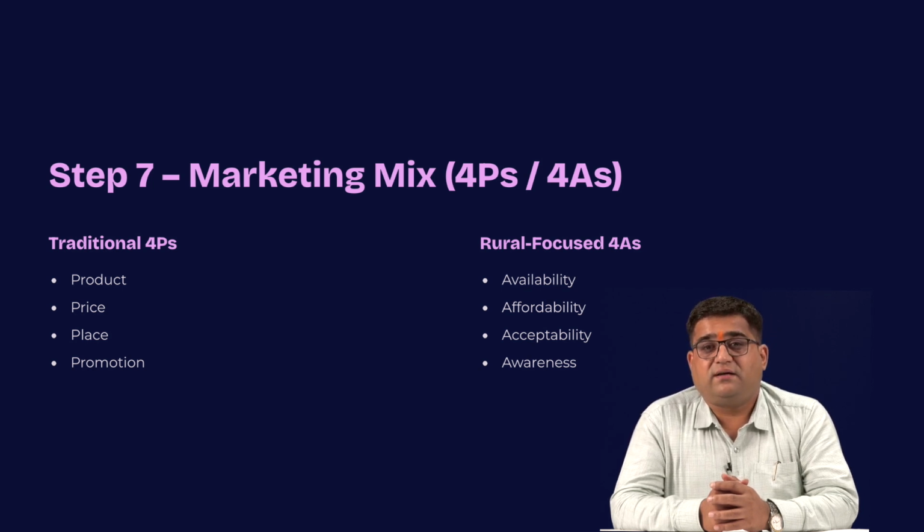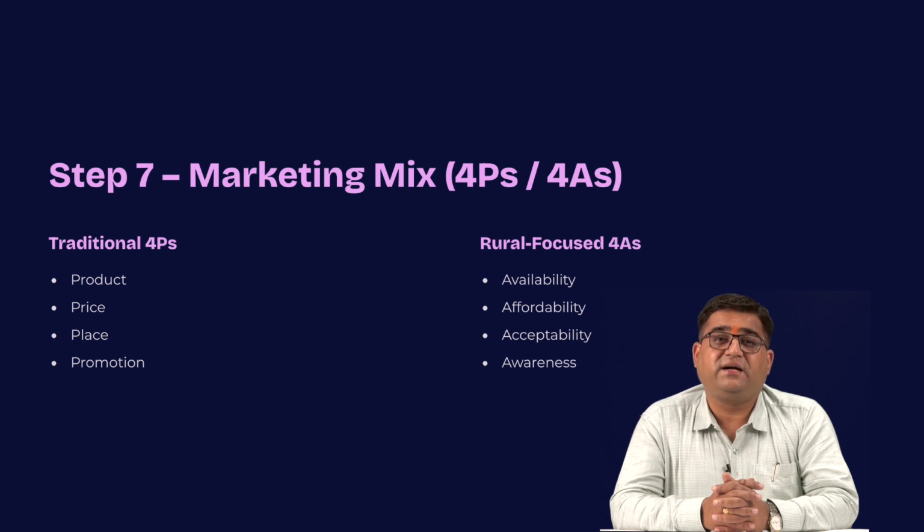This framework emphasizes that product must not only exist but be readily available in the remote areas, priced to be affordable for low and variable income consumers, designed to be acceptable by meeting the local needs, taste and cultural norms, and the consumer must be made effectively aware of it through targeted communications.